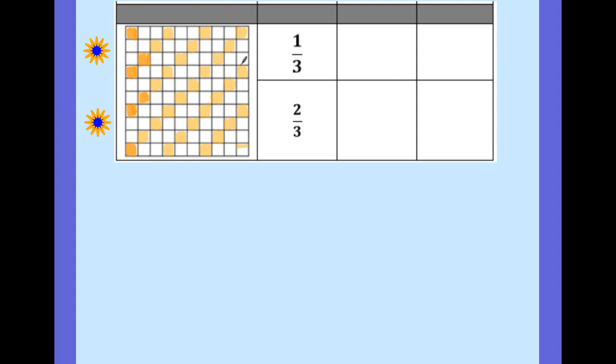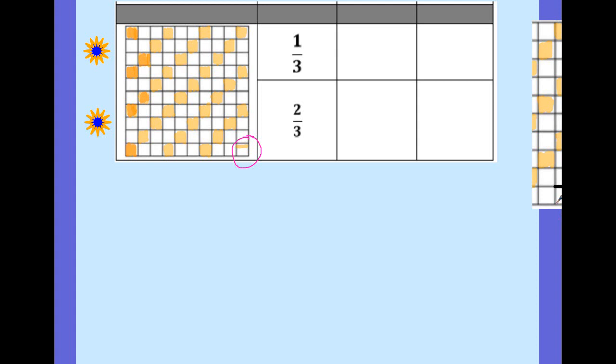Now, take a look over here. This is a little bit different, so let's take a closer look. If I start at the last column at the top, I've started a new group, so I shaded 1, left 2 and 3 blank, shaded 1, left 2 and 3 blank, shaded 1, left 2 and 3 blank. And now I'm ready to shade 1, but it has to be out of 3, and there's not a group of 3 here.